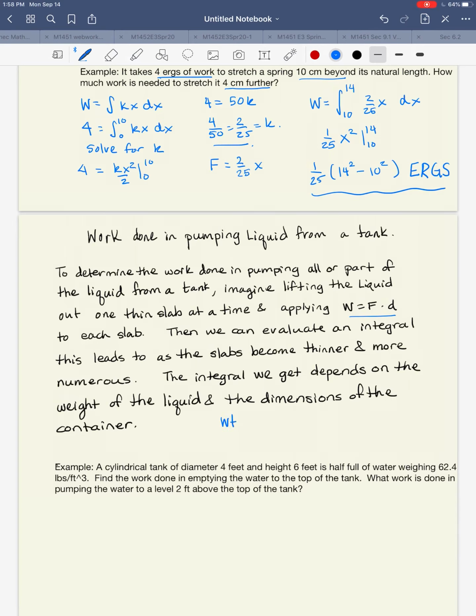So if you're given the weight density, then that's typically denoted by the letter delta, and it includes the gravitational constant, includes the force of gravity. But if you're given mass density, then the mass density will need to be multiplied by the force of gravity.